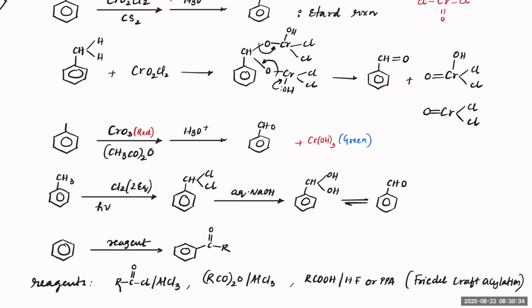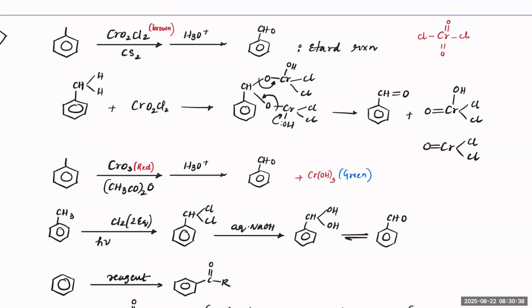Got it? So every time now this double bond will push, chlorine will come out. Okay, so Cl will take away H plus and come out, and this will be ready for the attack on the next molecule. So this would keep on happening till you will get everything sorted as CrOH thrice.